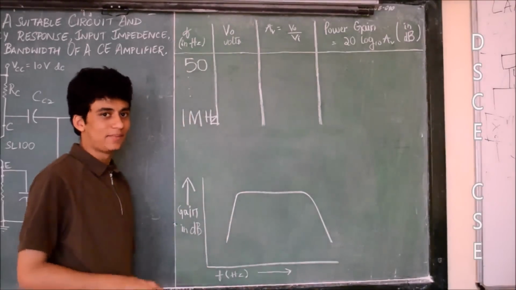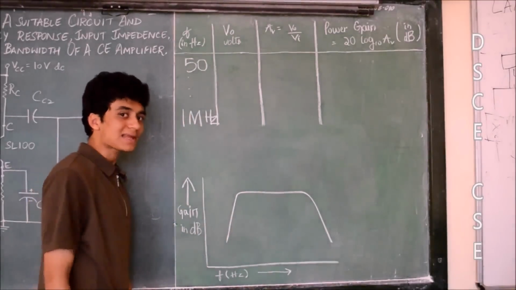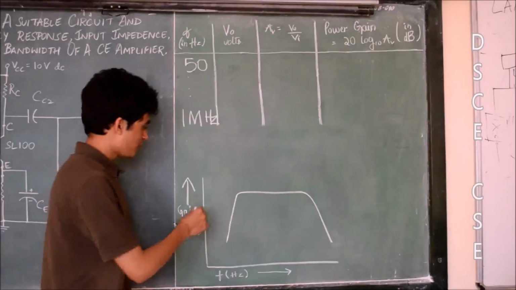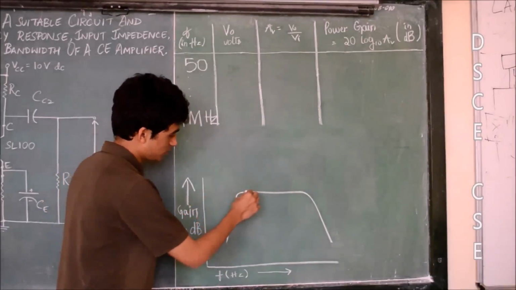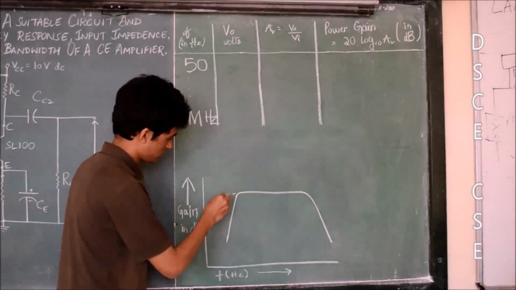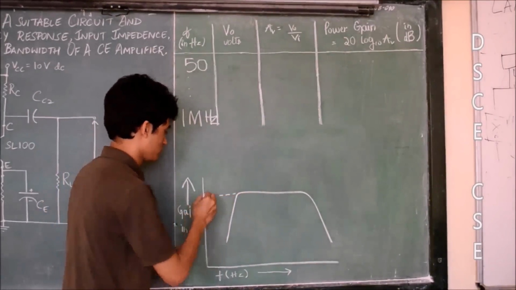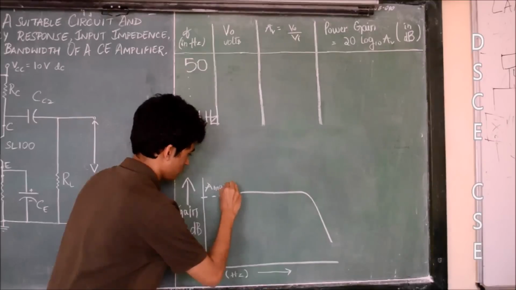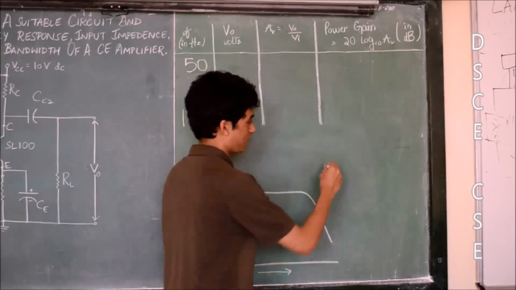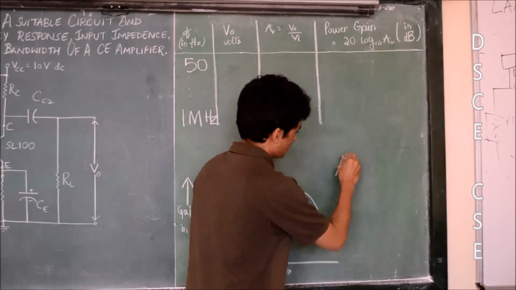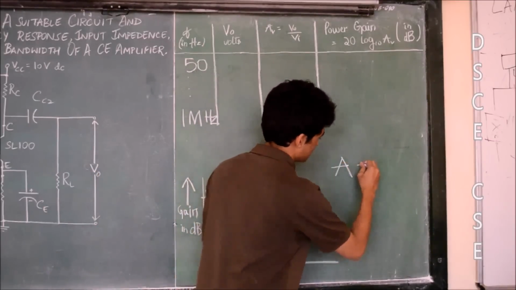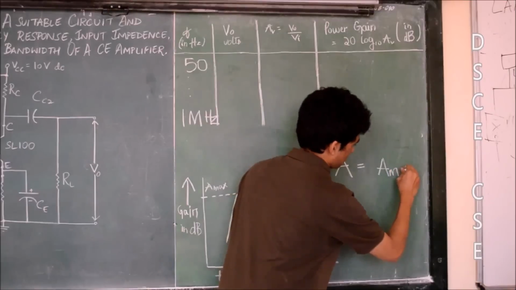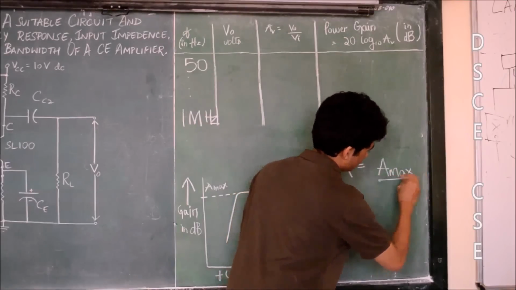We need to calculate the bandwidth of the amplifier. So how we calculate bandwidth is, we take the maximum gain value and call it A max, and we obtain a value of gain which is A max by root 2.